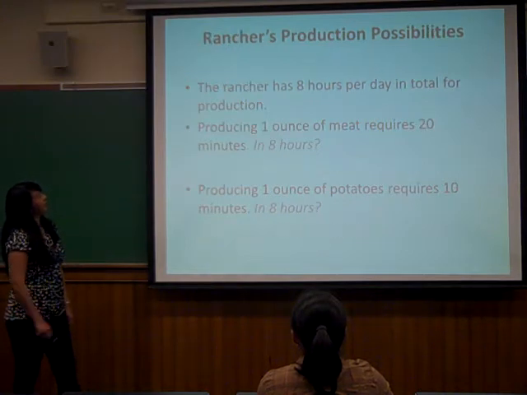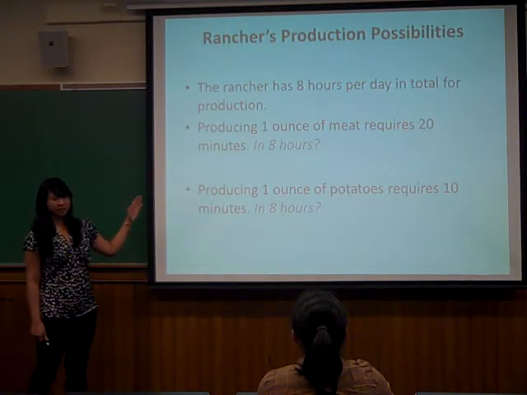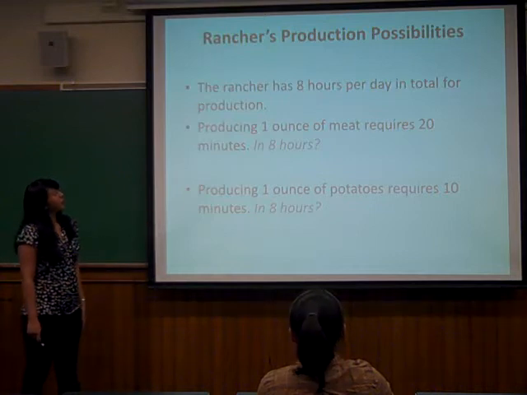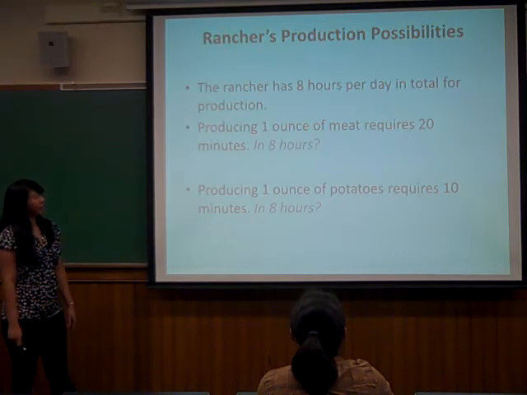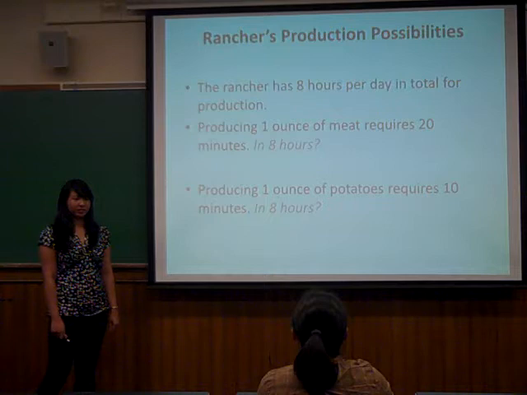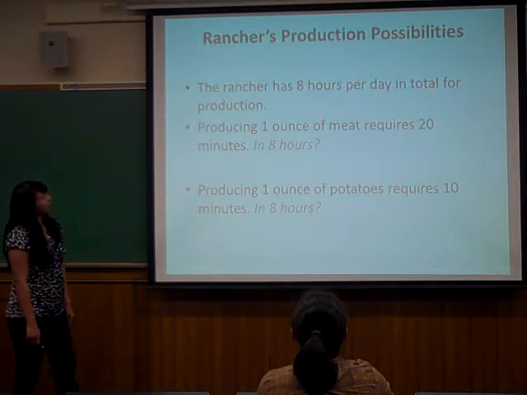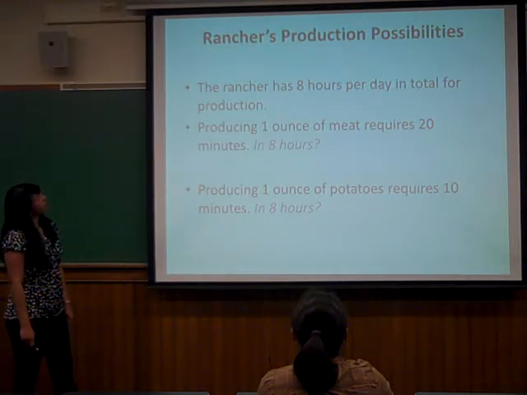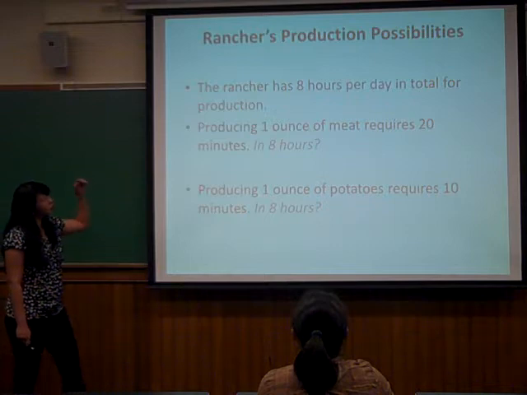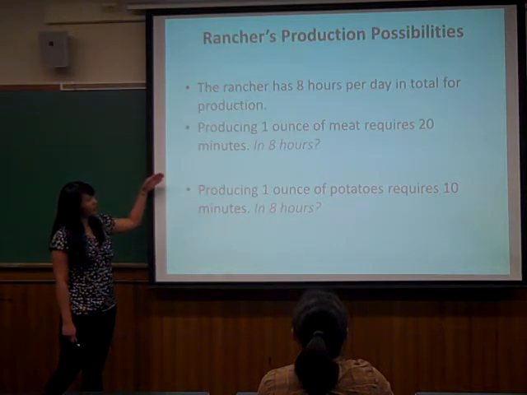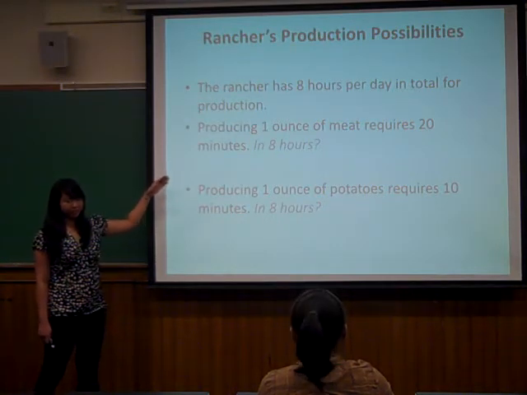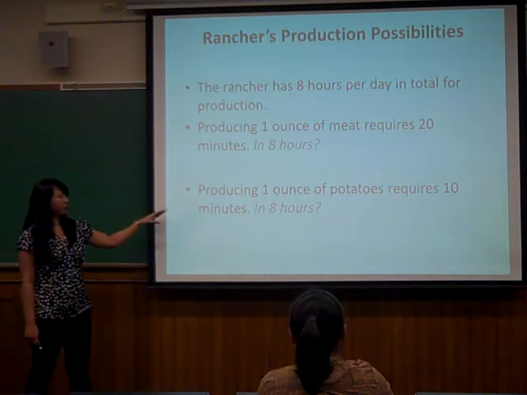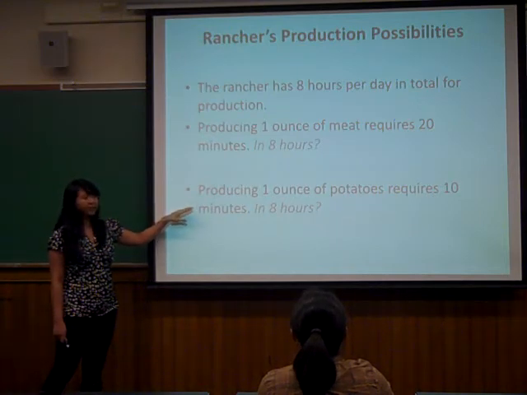Next, let's look at the rancher's production possibilities. The rancher also has 8 hours per day in total for production. To produce 1 ounce of meat, the rancher requires 20 minutes. To produce 1 ounce of potato, he requires 10 minutes.